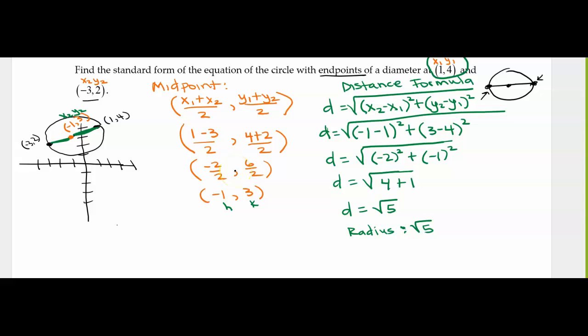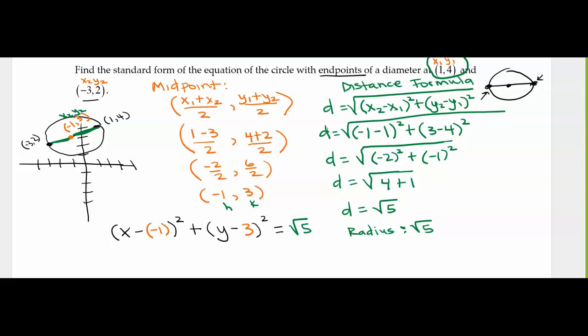All right, so in standard form, we have x minus my h, which is negative 1, all squared, plus my y minus my k, which is 3, all squared, and then equals my radius squared. So this is my r right now, square root of 5, but then I need to square that.